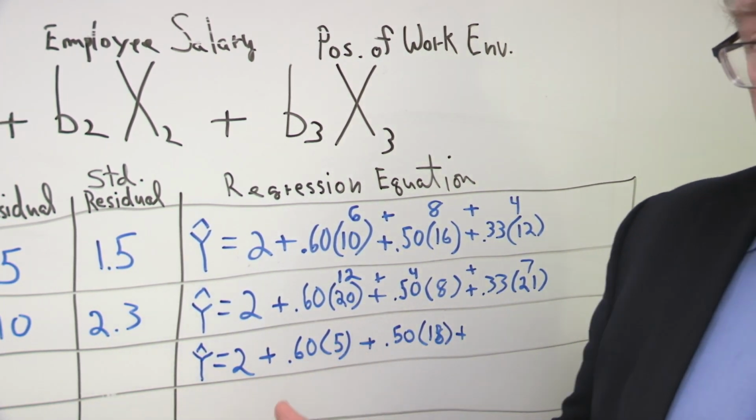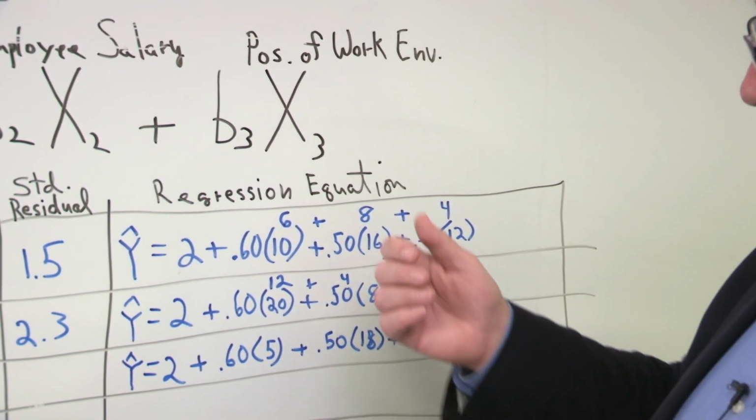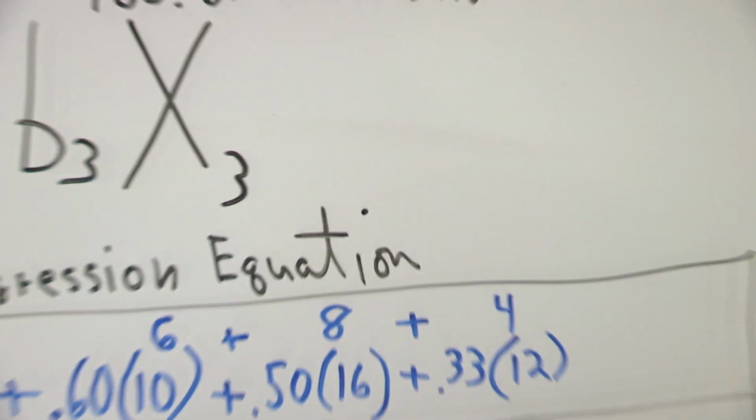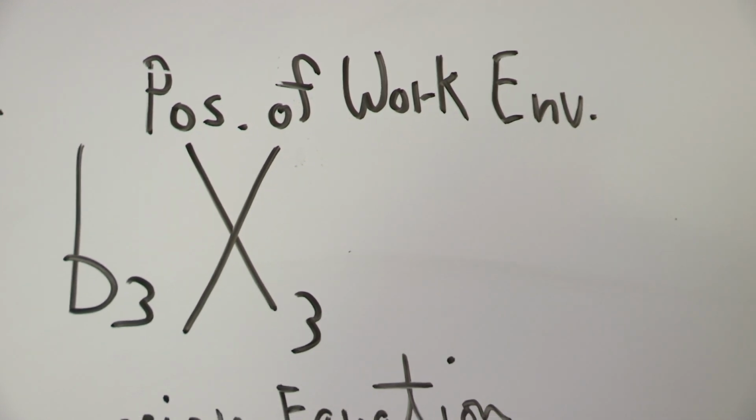Well, the unstandardized regression coefficient value for predictive variable number 3 continues to be the same as we saw for participant 1 and participant 2. It's fixed, it does not change. So it's 0.33.